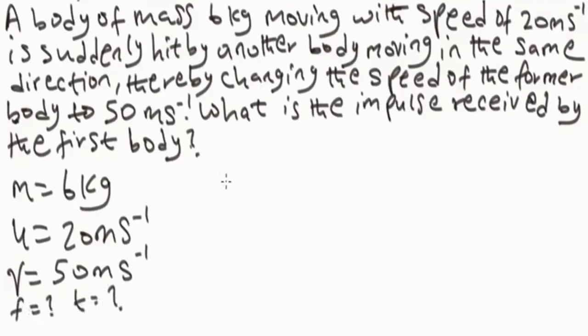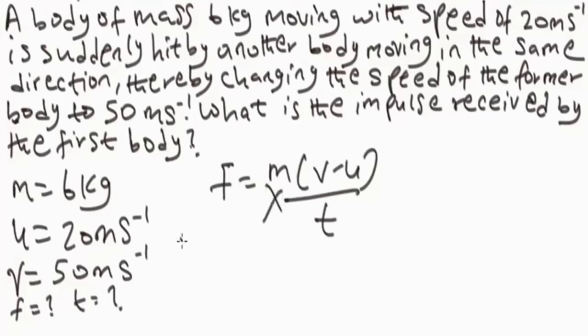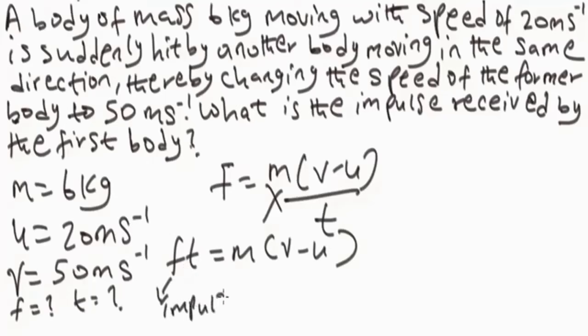So we are going to apply this formula under Newton's second law of motion: F equals change in momentum over t. When we cross multiply, we have Ft equals change in momentum. Ft is our impulse, and this is the momentum.